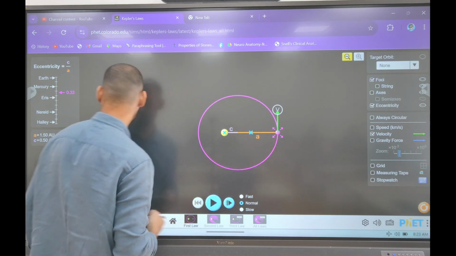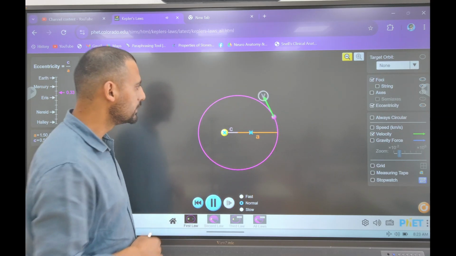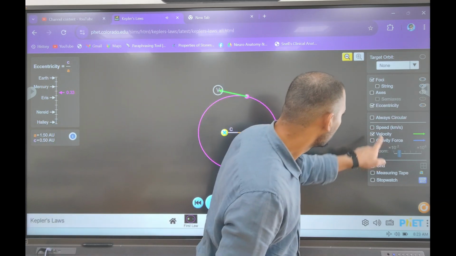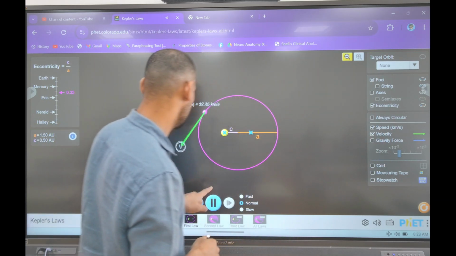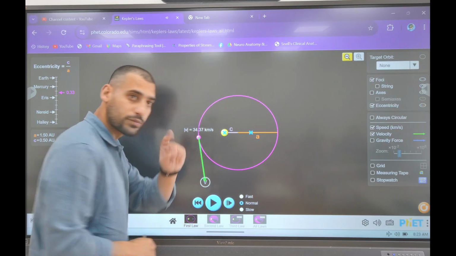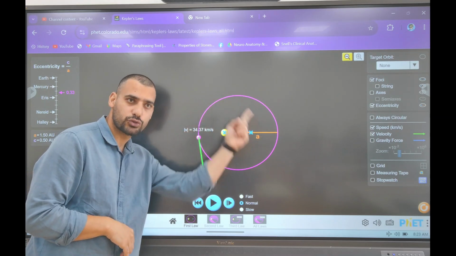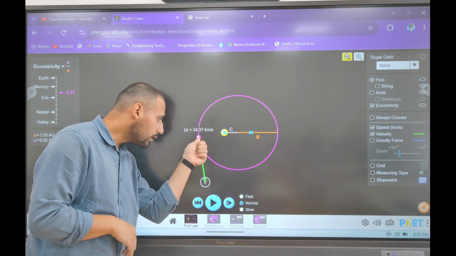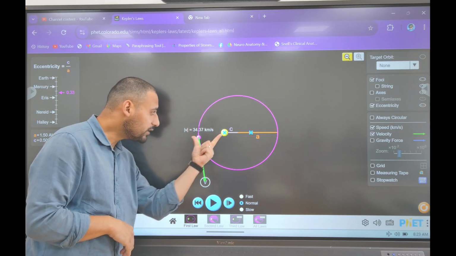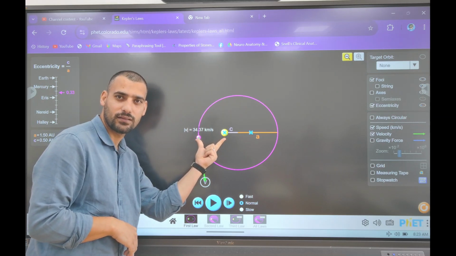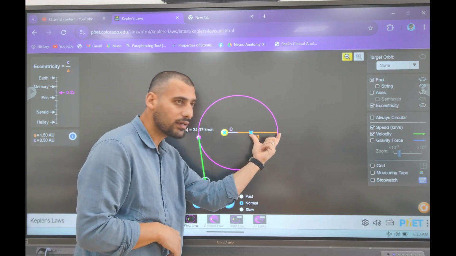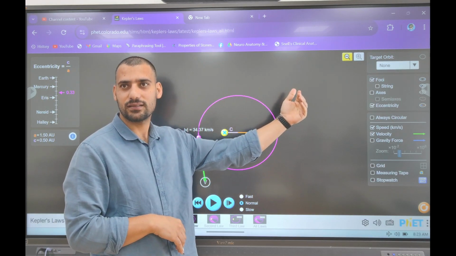Now see what is happening. See, observe, very important thing. At one time during its motion, your planet is very close to the sun, isn't it? And at one time here, it is the farthest, isn't it?